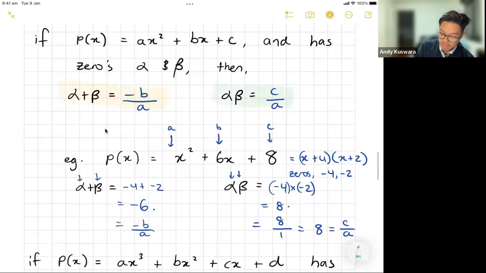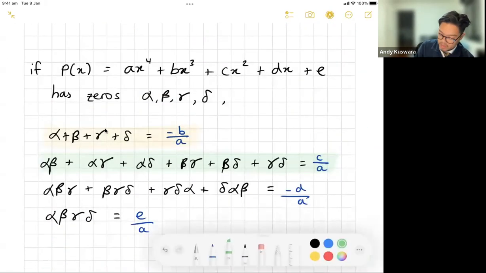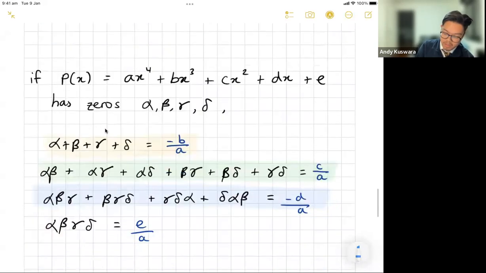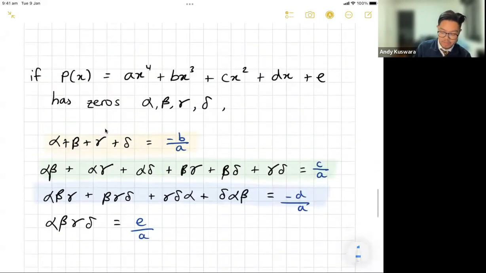And then you can see where if we take it on from there, if it's groups of 3, that's where you get minus d on a. And then alpha, beta, gamma, delta is in its own league. So hopefully you're getting the pattern. You will have these in your reference sheet, but again, I would highly suggest that you know how to use this or where these come from.